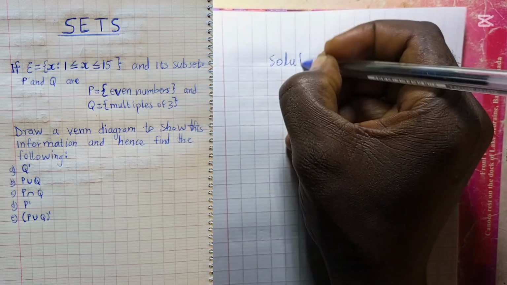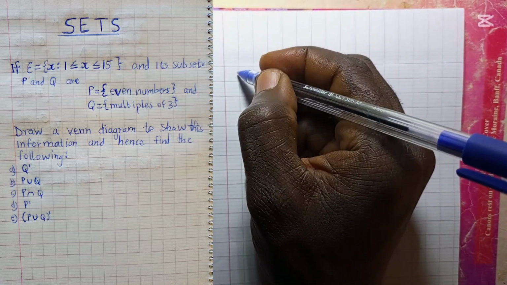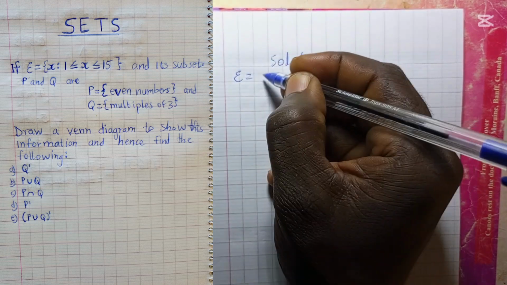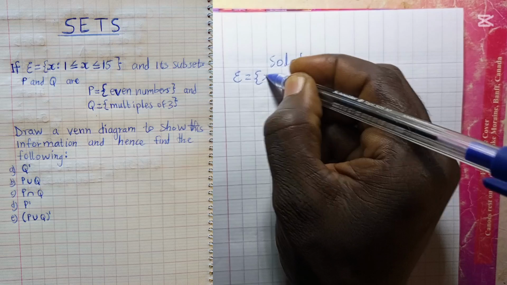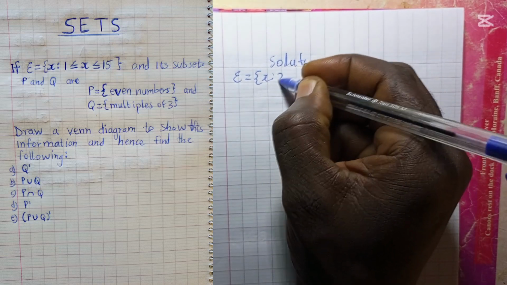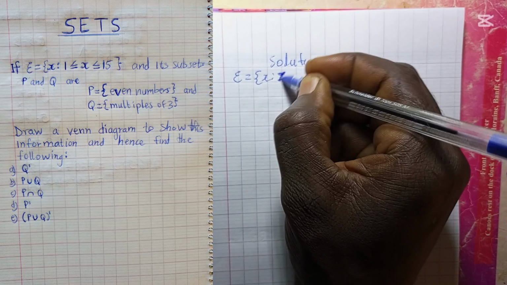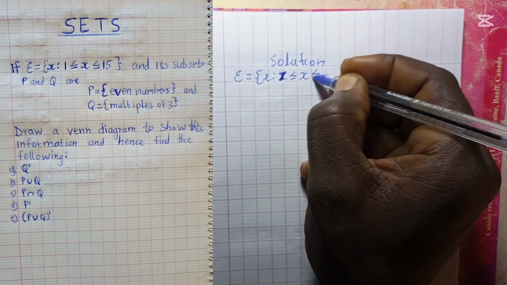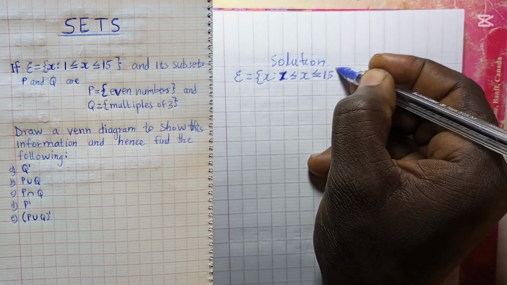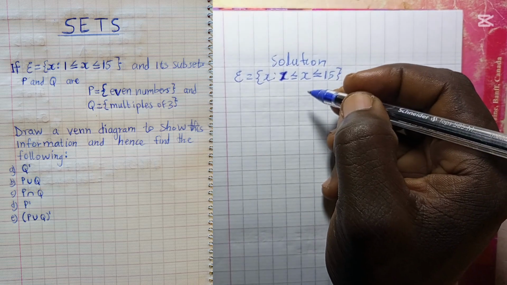Solutions. Remember they said that the universal set is equal to x such that 1 is less than or equal to x and x is less than or equal to 15. Now this is what we call set notation.